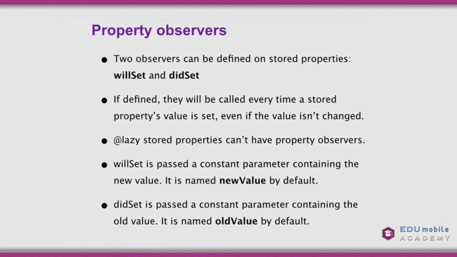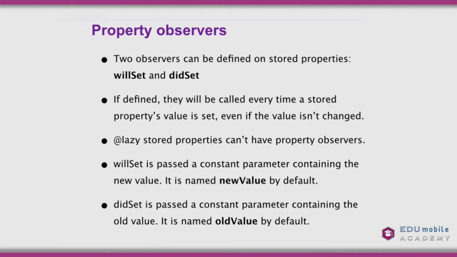There are two exceptions. They are not called if we assign a value to a property in its declaration, and they are not called when the initializer assigns a value to a property. Otherwise, they are going to be called every time that property is set.